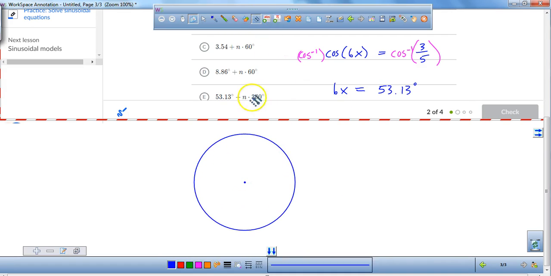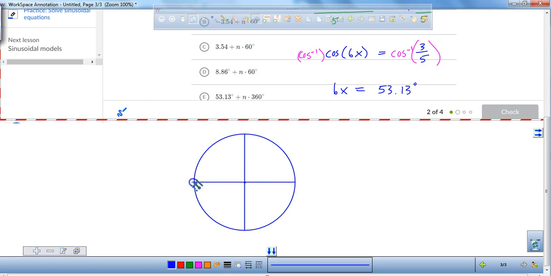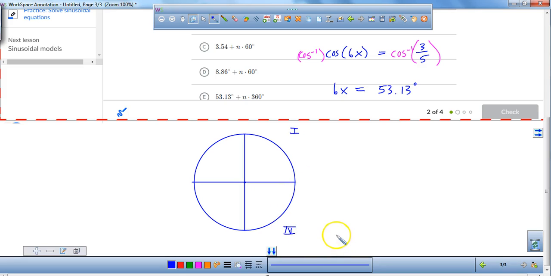So in the unit circle, where could I have a positive cosine? Well, my x values are positive in the first quadrant and also in the fourth quadrant. That's where our x values are positive.